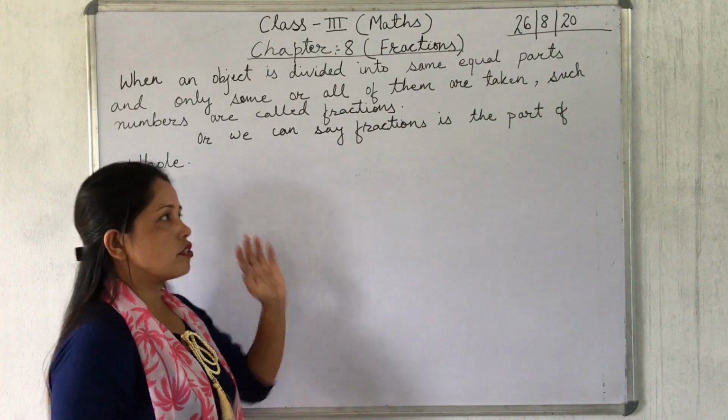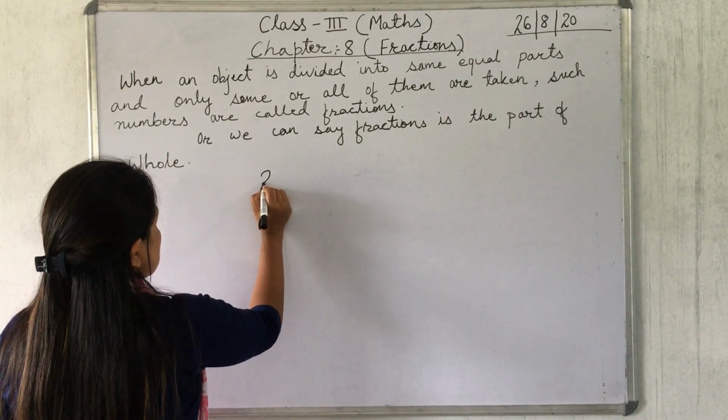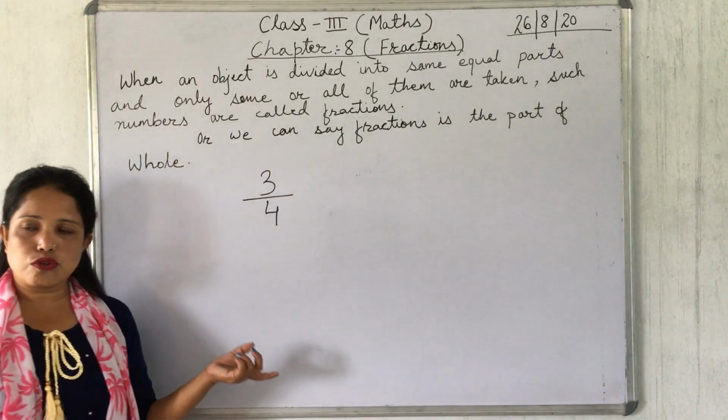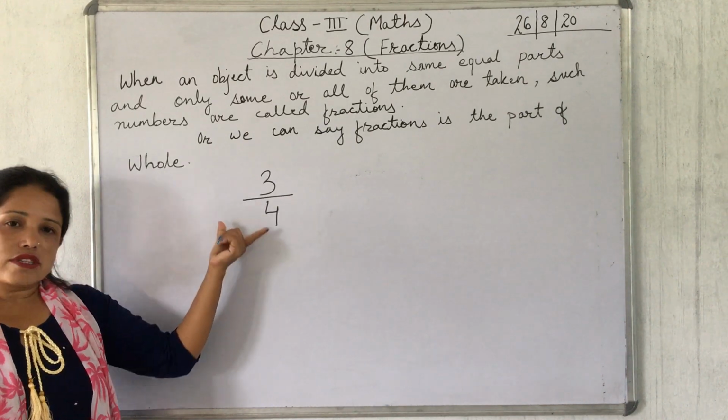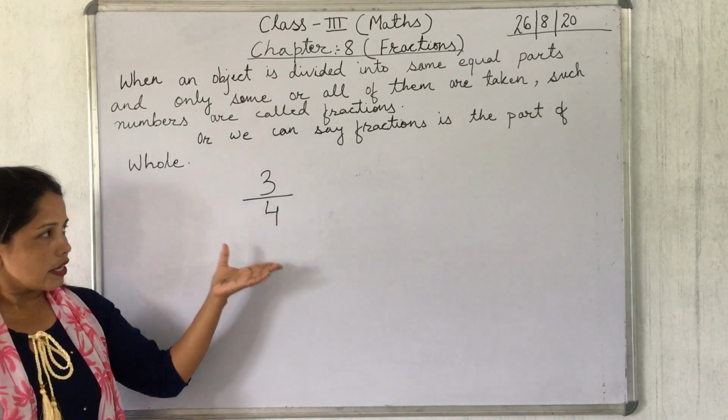Look at the fraction here. Suppose 3 by 4 is a fraction. Can you tell me which one is the numerator and which one is the denominator?